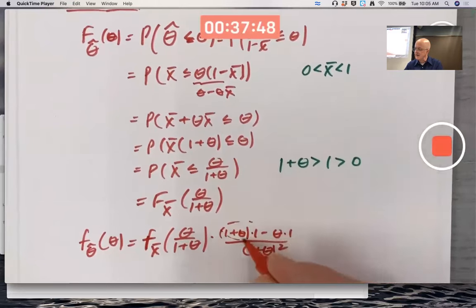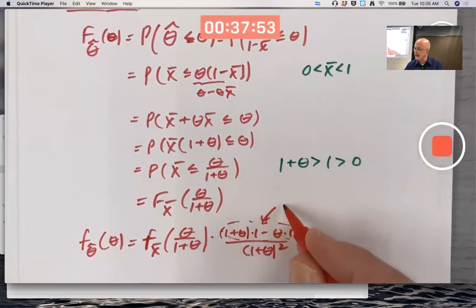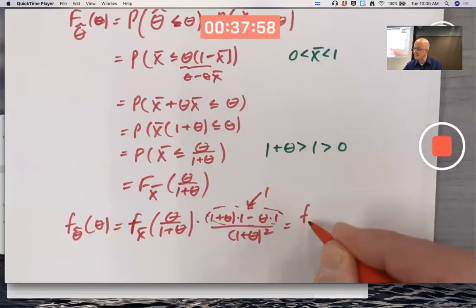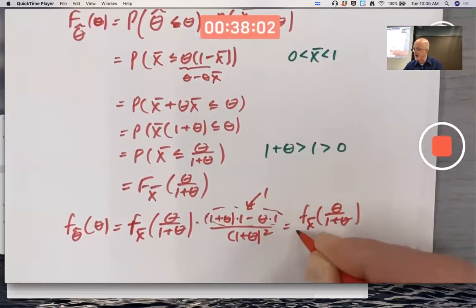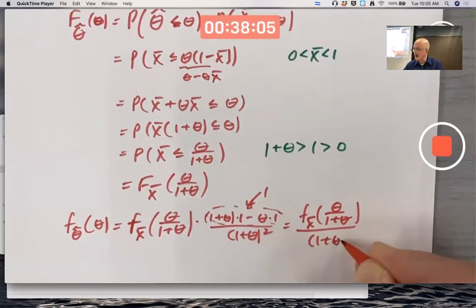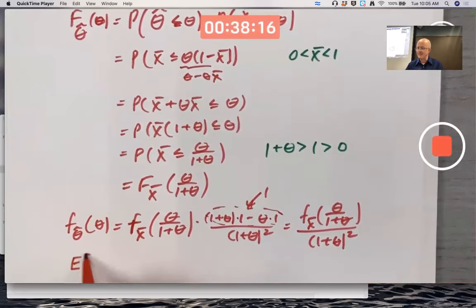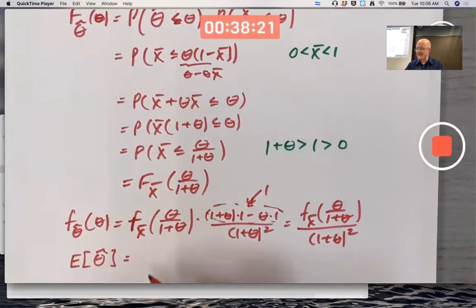This up here simplifies to just a 1. Right, the thetas cancel. So it looks like the PDF of x bar evaluated at theta over 1 plus theta, divided by 1 plus theta squared, would be the PDF of theta hat. And you'd have to integrate theta times that thing to get the expected value of theta hat. It would be an improper integral because theta goes from 0 to infinity.